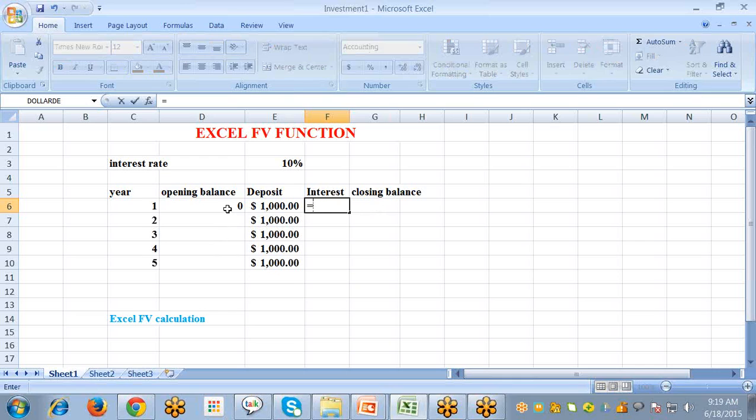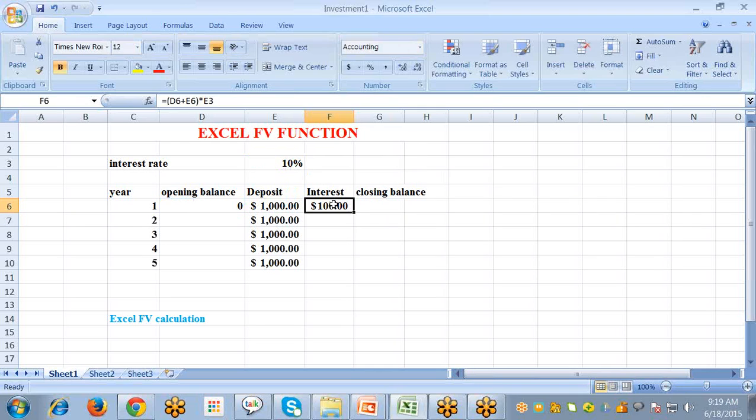It is the sum of the opening balance and deposit amount times the interest rate. So for the first year it will be $100, and I'm putting a dollar sign before E3 so that I do not have to write this formula for all the years.